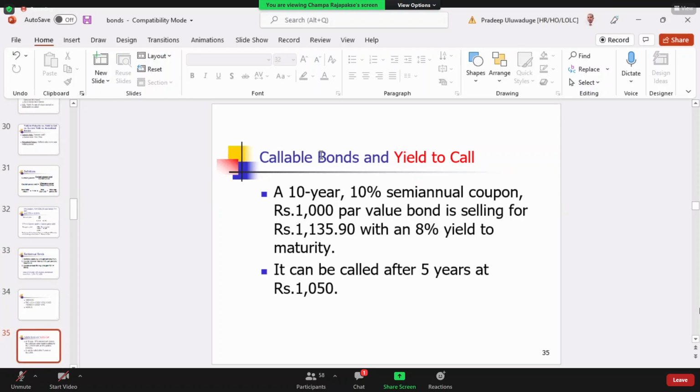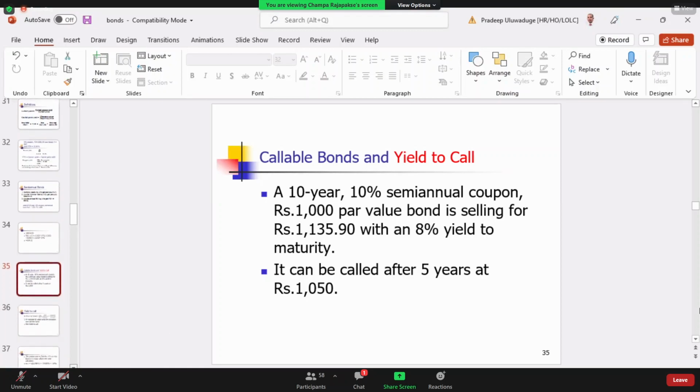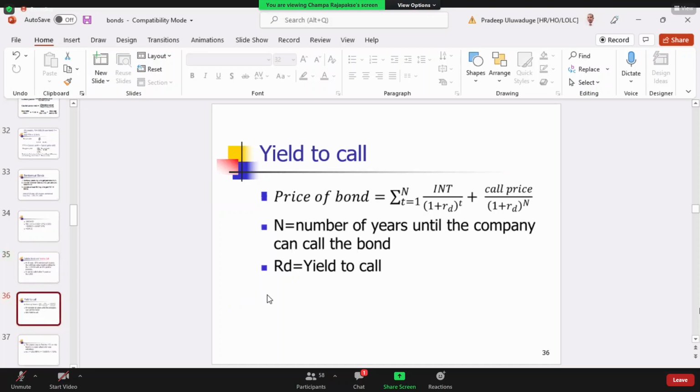So for example, a 10-year 10% semi-annual coupon, rupees 1,000 par value bond is selling for 1,135 and 90 cents at 8% yield to maturity. It will mature in 10 years, but it can be called after 5 years for 1,050. So, yield to call.